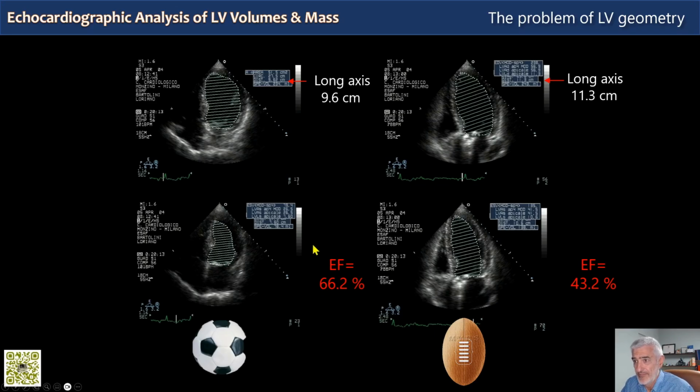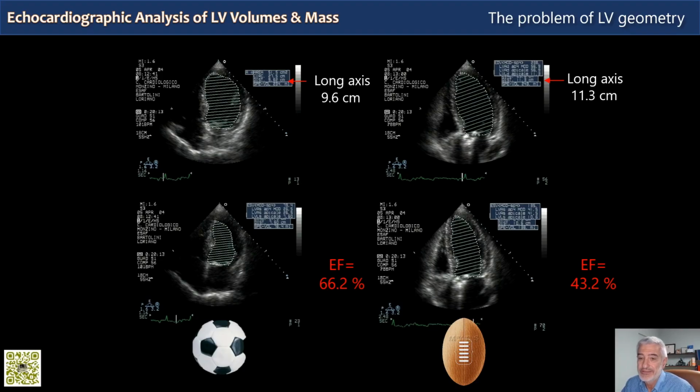So the attending physician was convinced that he had a normal ejection fraction. Finally, after a few years, an operator with a better understanding of left ventricular geometry noticed it, and so the ejection fraction was noted as moderately reduced, he was placed on guideline-directed medical therapy, and after 6 months he partially recovered systolic function.